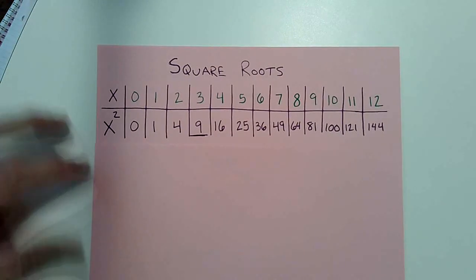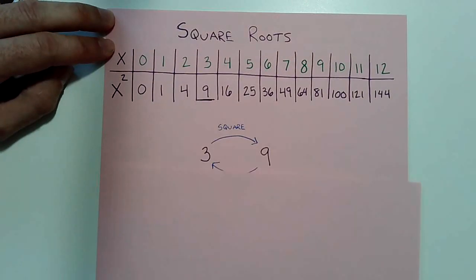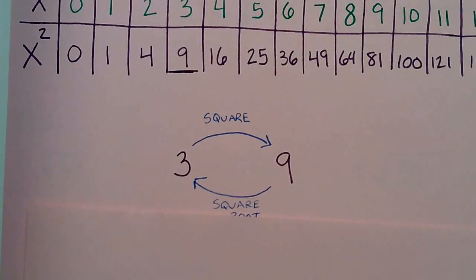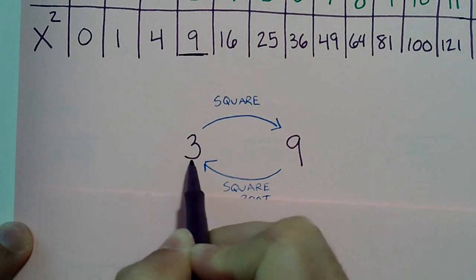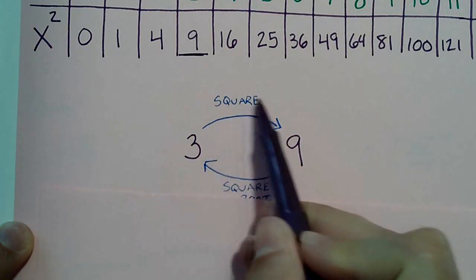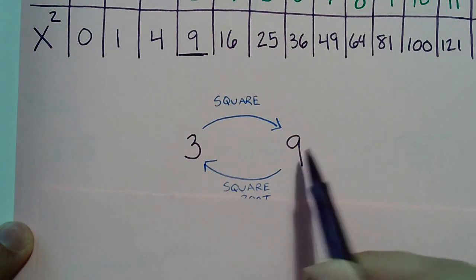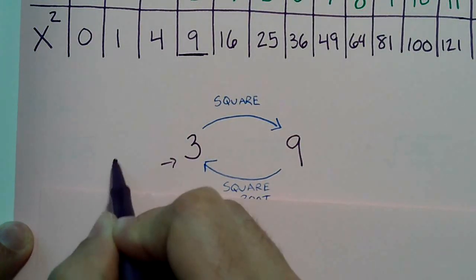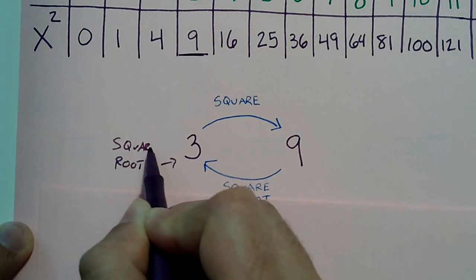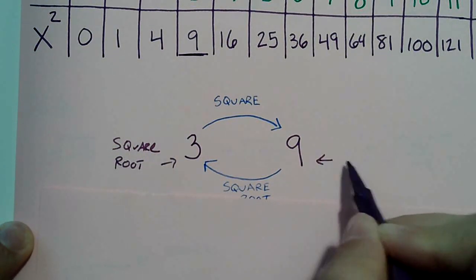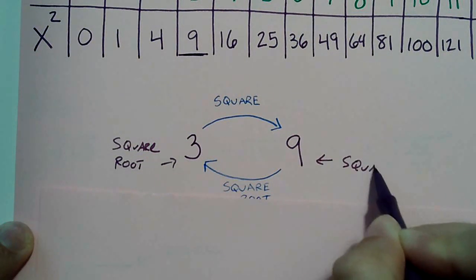So that's our relationship here. So if I look, let me zoom back in for us. If I take the root, the square root, and I square it, I get the square. So again, this is the root, the square root. And then 9 is the square itself.